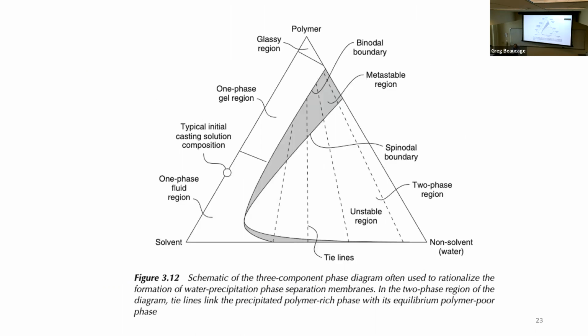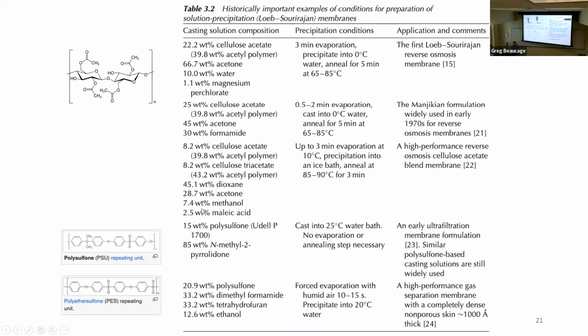So we already talked about this. This is a series, there's like 3 of these ternary phase diagrams. You have a non-solvent, water, and then a solvent, which is NMP, or whatever's listed here. So acetone water, dioxane, acetone, methanol, and polysulfone and NMP, polysulfone and DMF, THF, and ethanol.